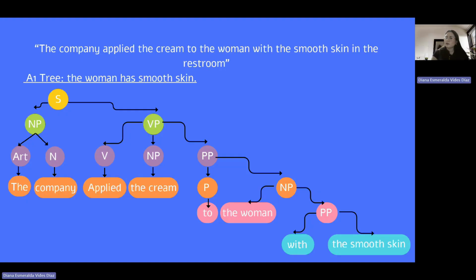Then it divides again to the prepositional phrase with the smooth skin. In this interpretation, the prepositional phrase with the smooth skin modifies the woman. So in this case, the prepositional phrase is connected to the woman, so the woman is the one who has smooth skin.